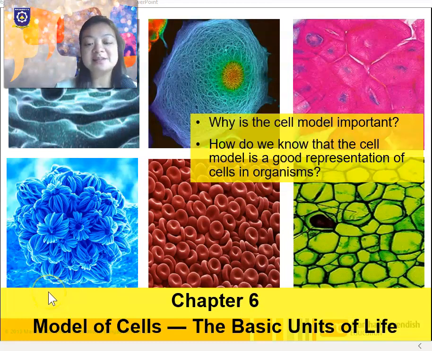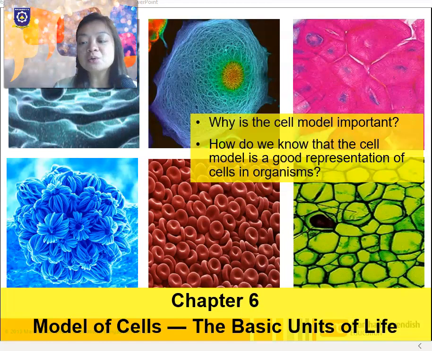Today we're going to be starting our chapter on cells. This will be the second model that you'll be studying. Now, the first model that you actually studied was about the particulate model of matter, remember? And in that particular model of matter, we talked about why the model was so important, because it allows us to visualize how the particles are arranged in solids, liquids, and gases.